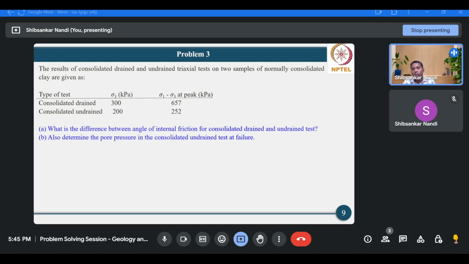First of all, we have to calculate the difference between the angle of internal friction for the consolidated drained and undrained tests. And secondly, we have to determine the pore pressure in the consolidated undrained test at failure.